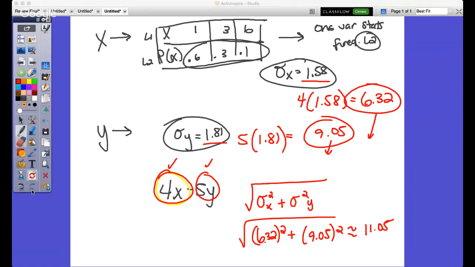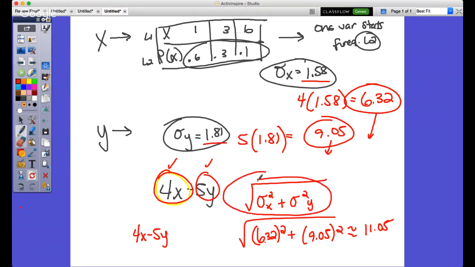So remember that no matter whether you add or subtract, with the 4x minus 5y, if it was the mean, you would do whatever it says. But with standard deviation, the adding or subtracting has no impact when you're combining them together. It is always this formula when you combine standard deviations by adding or subtracting.